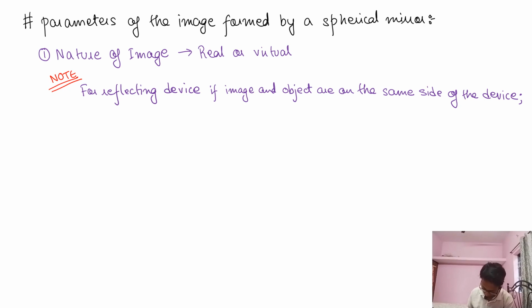So for reflecting devices, if the image and object are on the same side of the device, either both are real or both are virtual.